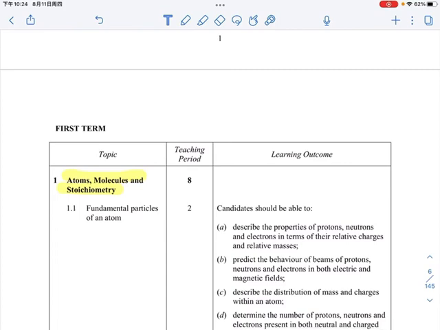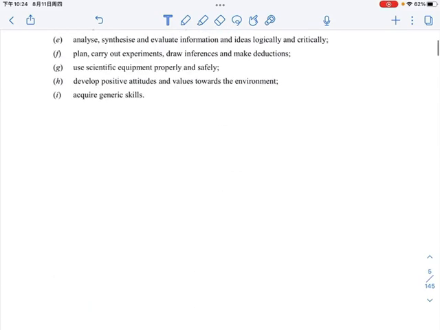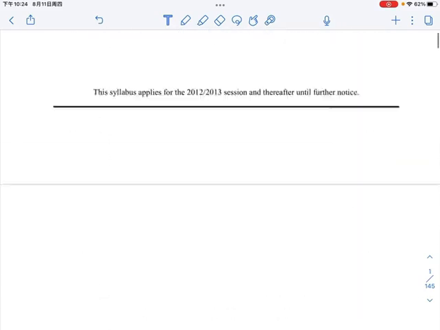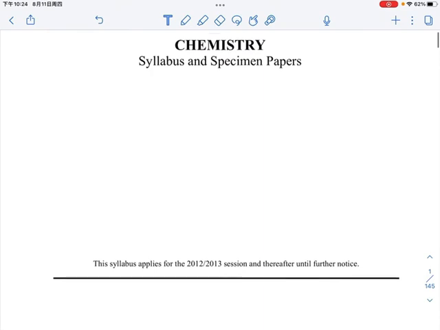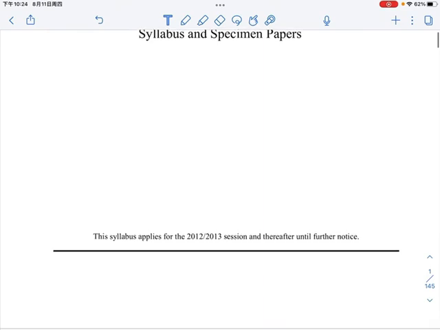I cannot say like that because they change the marking scheme every year. So no choice, we just have to learn. And good luck to all of you, okay? Because this is just the starting of your STPM journey. So good luck to all of you lah, okay?